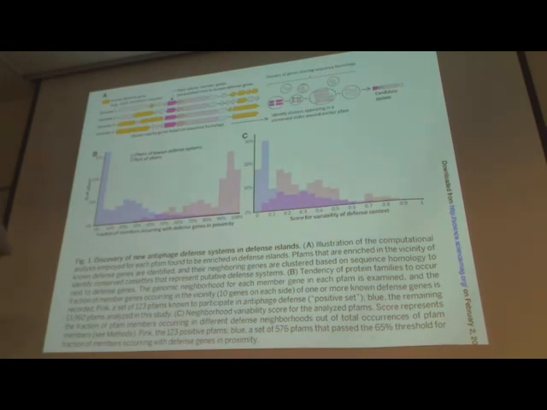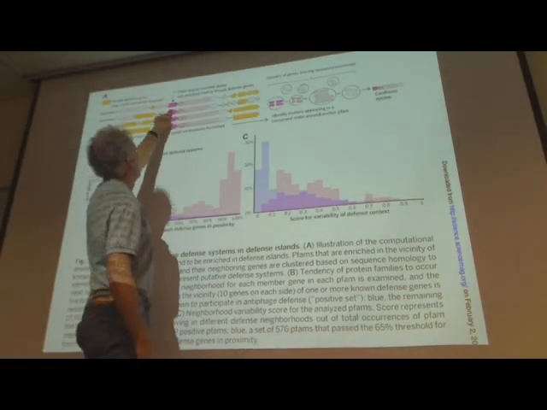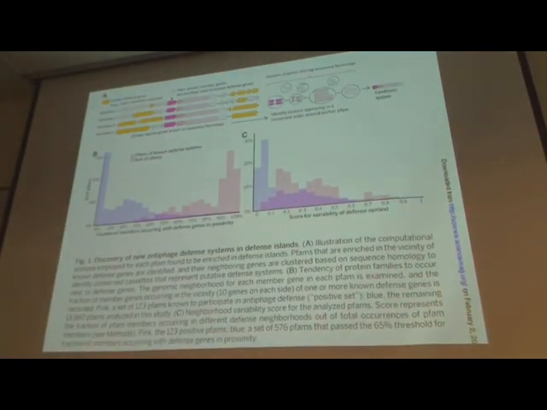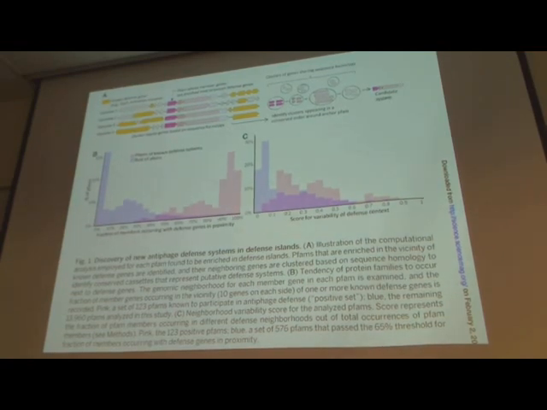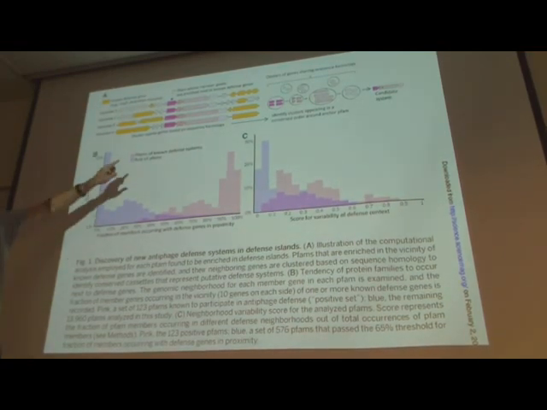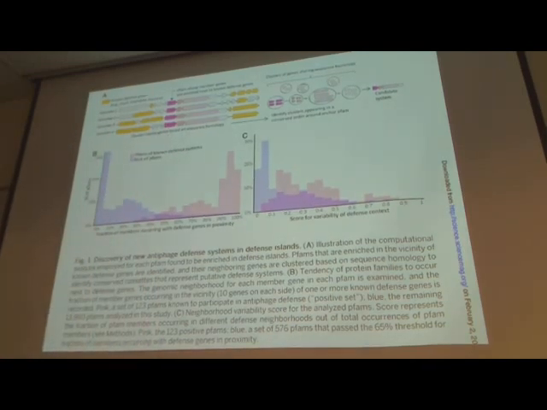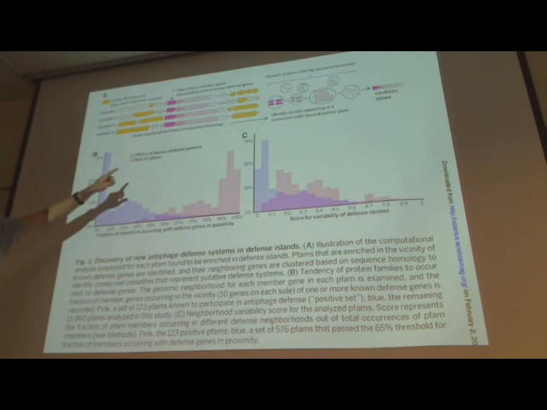Then they compared all the genomes to see which of these open reading frames occurred near a known defense gene more than once, or which ones occurred most frequently next to them. They identified those open reading frames that were most commonly found near a known defense gene, and called these the keynote genes.